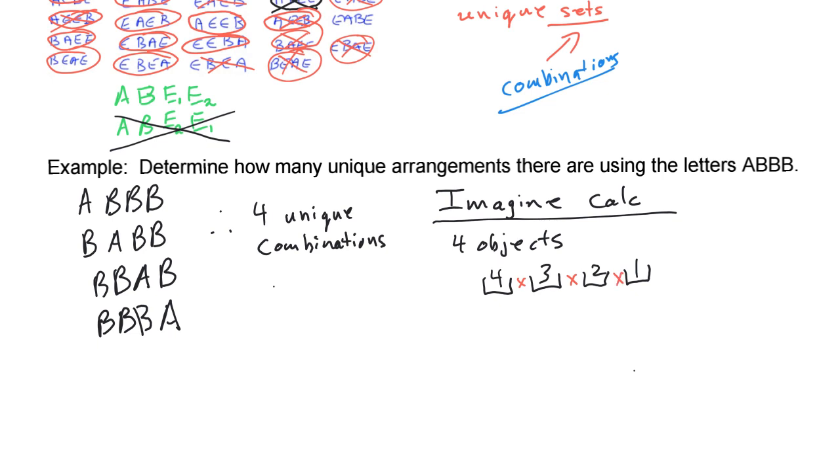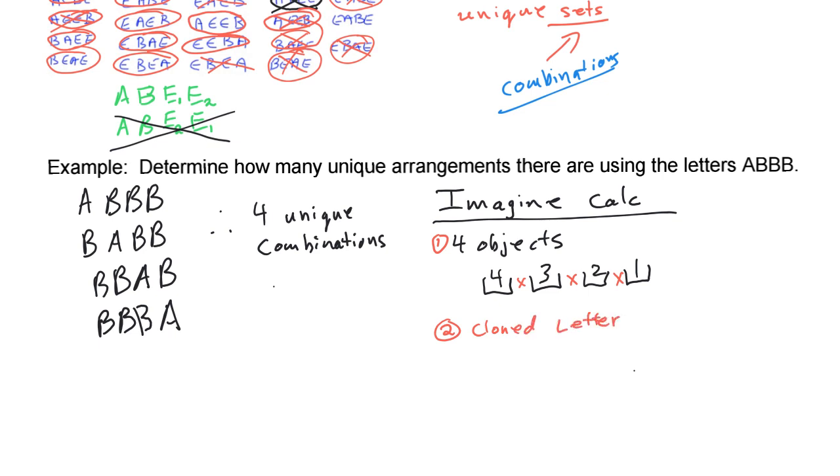Now, the only issue is what would happen when we have 3 identical letters. So what we have to do is we start with our 4 objects, and then we look at the cloned letters.